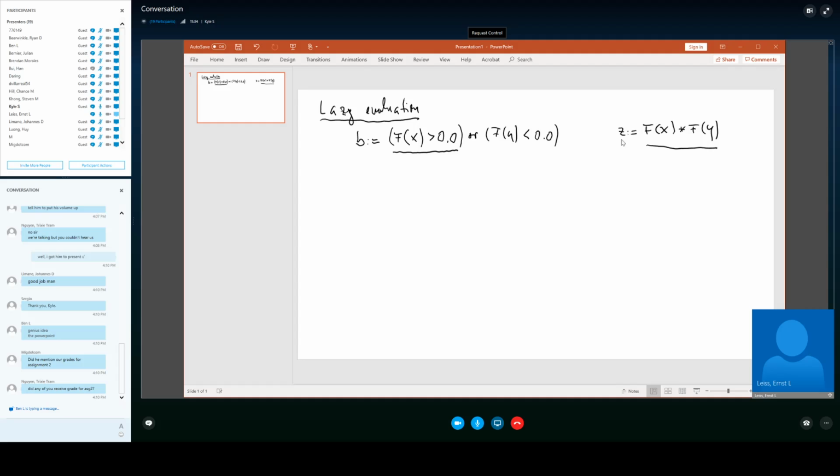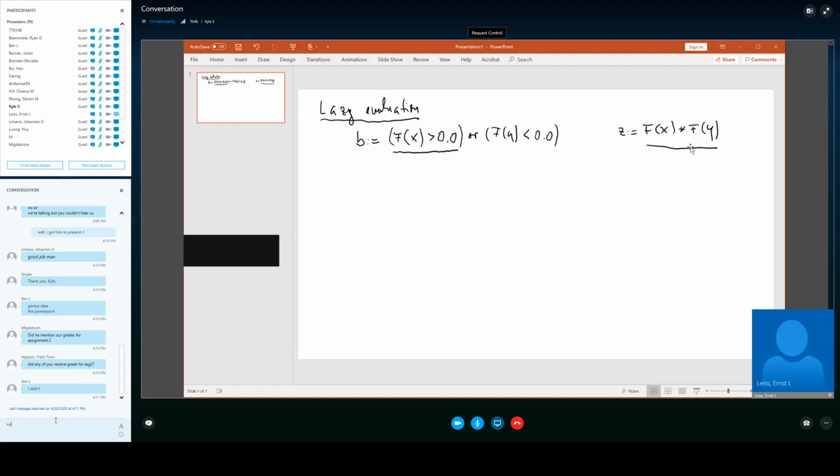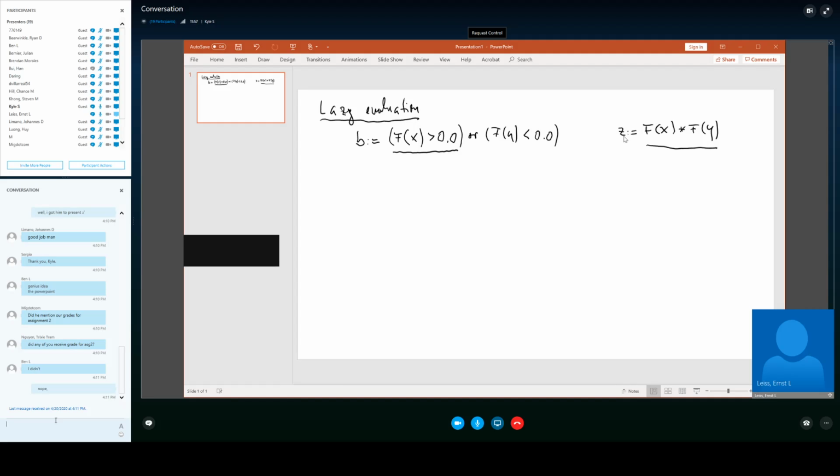If you look at z gets assigned f of x times f of y, it is conceivable, although it is not particularly useful, that evaluating f of x and determining that f of x is 0, then of course there's no point in looking at f of y because we know that z is 0.